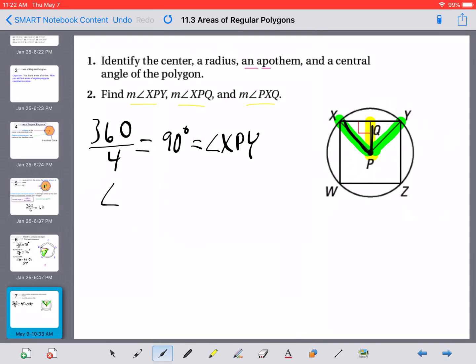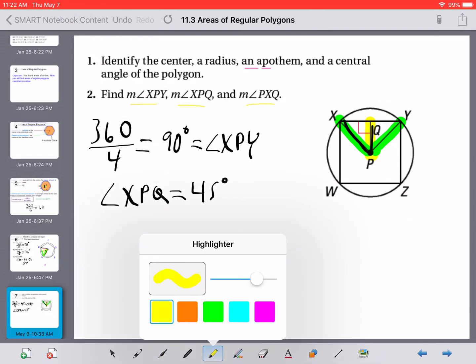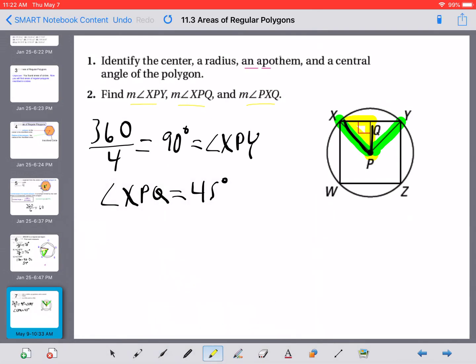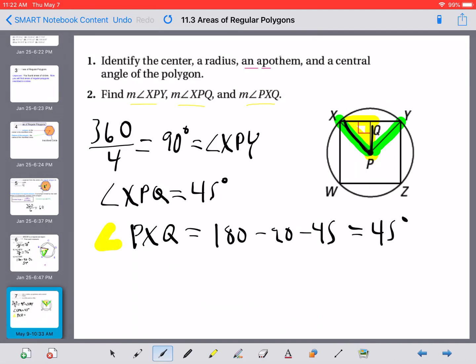Angle XPQ is going to be half of XPY, so it's going to equal 45 degrees. That tells me it's probably going to want us to find PXQ. Yes, so next it wants PXQ right here. So the measure of angle PXQ is going to equal 180 minus 90 minus 45, which equals 45.